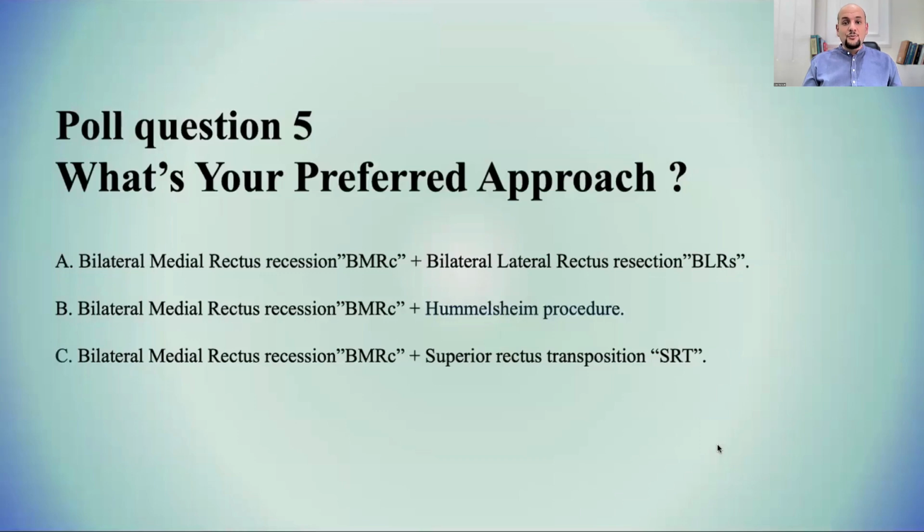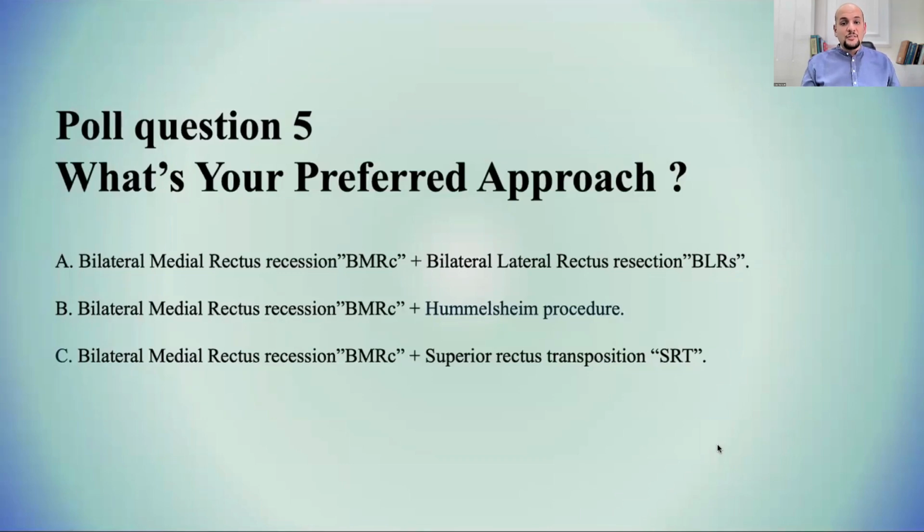Let's remember that this patient had complete 6th nerve palsy, not incomplete. In such a patient, usually the lateral rectus muscle is not working. So even if we did lateral rectus resection, we might not get the result that we want.